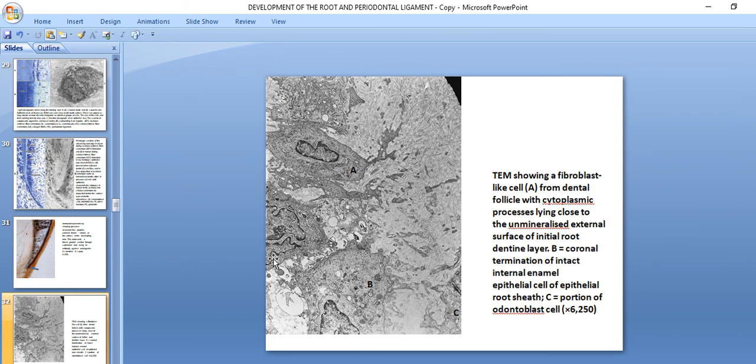Some words about the cells of connective tissue, mesenchymal origin, such as cementoblasts, which are roughly from 8 to 15 micrometers in size, resemble osteoblasts and are basophilic. The cell nucleus is rich in euchromatin.